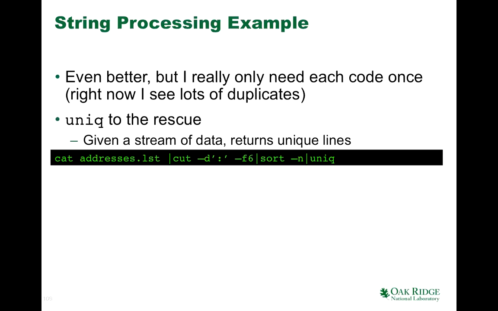That's why we had to sort it first, so that all of the common lines are put together. So again, given our data file, we cat the addresses file, cut it so that we're just looking at the zip codes, then sort those numerically, and then run that through the uniq operator, so we only see one line for each zip code that we're using.